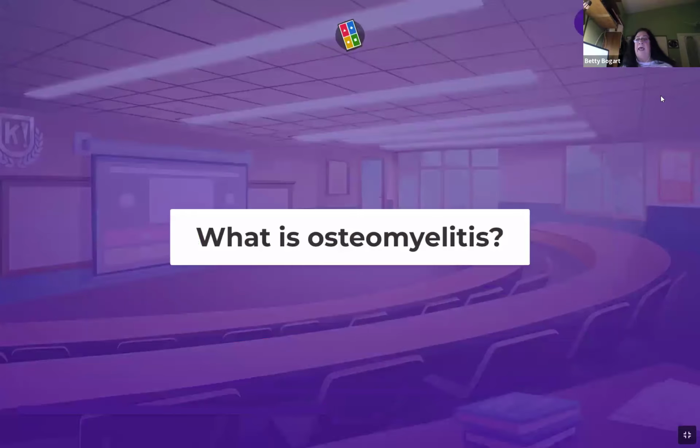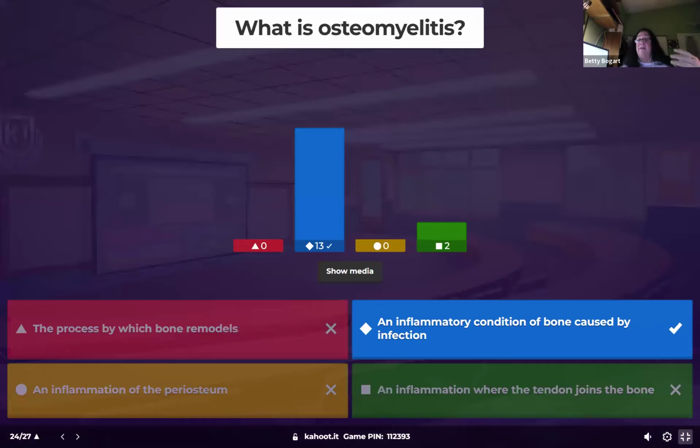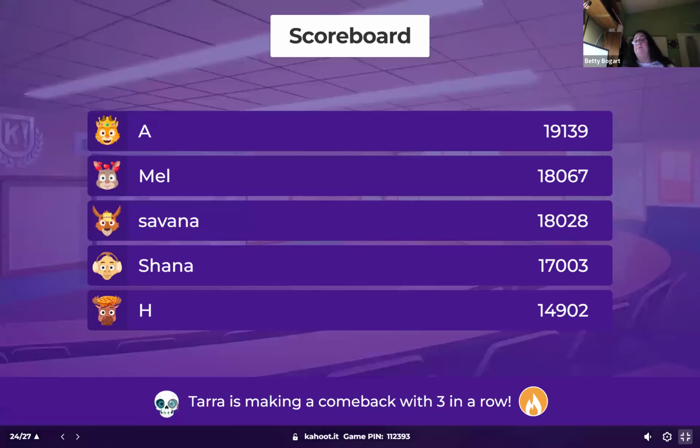What is osteomyelitis? Well, we've talked about it. We know how to treat it. We know symptoms of it, but what is it? So again, it's an inflammation of the bone caused by an infection. Just break down the name: osteo, bone, itis, infection.